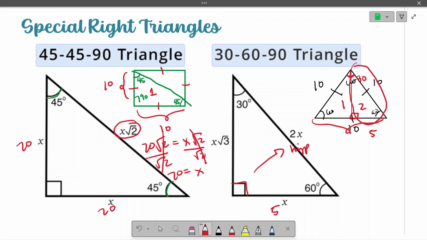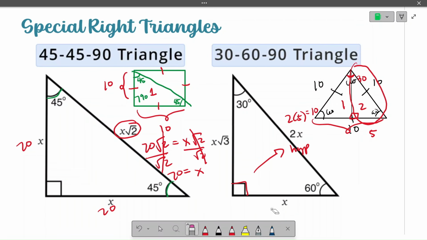Now, to get the hypotenuse, all we need to do is multiply the base by 2. Now, we get this 5 as our x. 2 times 5 equals 10. Therefore, our hypotenuse is 10. And you see that here from its original measurement, 10, 10, 10.